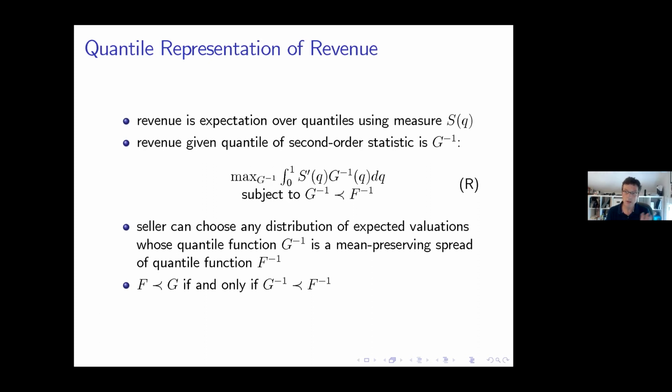So now we have a linear program, and we have a new constraint, namely that we're not ordering F and G, but the inverse, the quantile of F and G. But there's a nice result in the literature on stochastic orders that the order of the quantiles in fact just mirrors the order in terms of mean preserving spread of the underlying distribution.